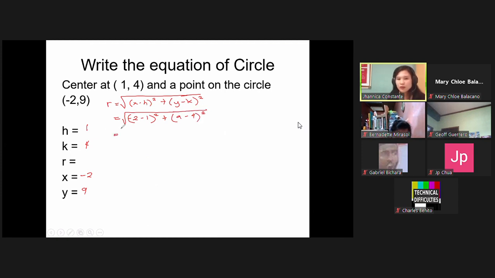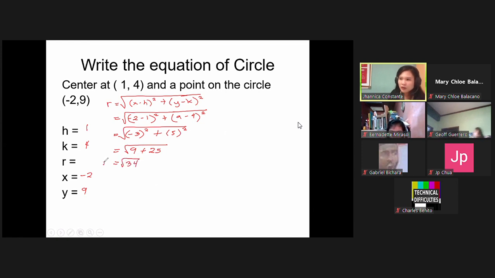So -2 minus 1 is equal to -3 squared, plus 9 minus 4 is equal to +5 squared. So -3 squared is +9, plus 5 squared is +25. So 9 plus 25 is equal to 34.